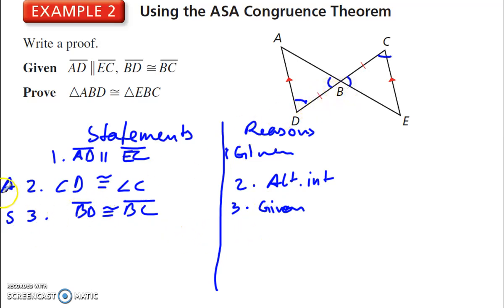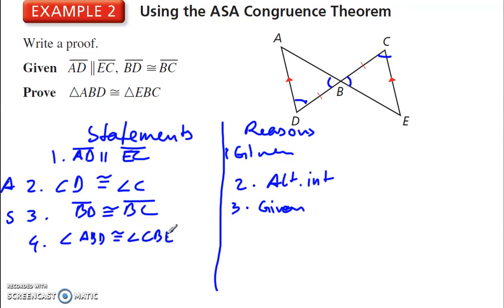Alright, we've got an angle, we've got a side. We need an angle. Alright, and angle B, angle 4, let's say ABD is congruent to angle CBE.